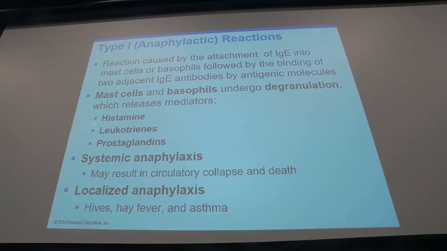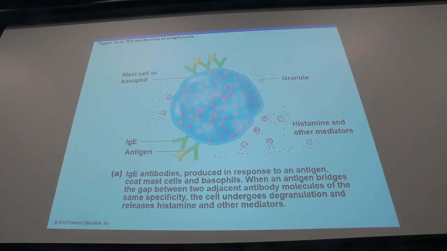Now, here are some examples of these chemical mediators of inflammation. We have histamine, leukotrienes, and prostaglandins. So these will be the ones that are released either by mast cells or basophils when you have these allergic reactions. And this is an illustration of how this happens.